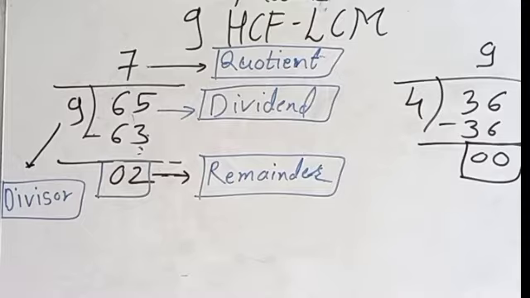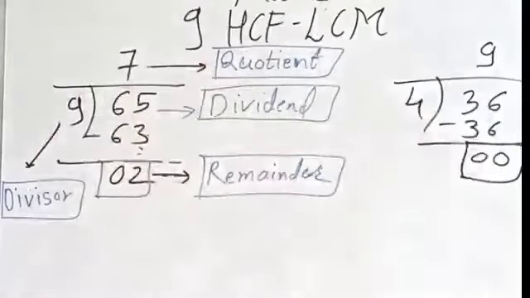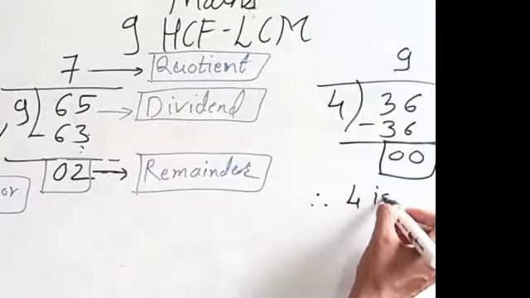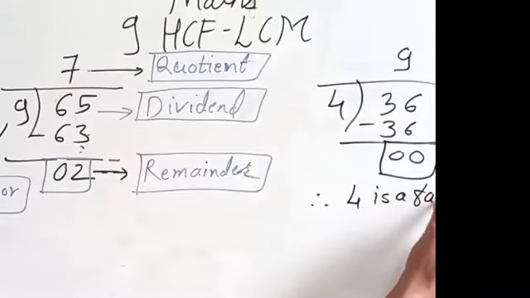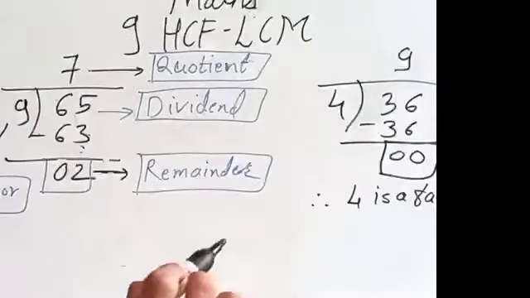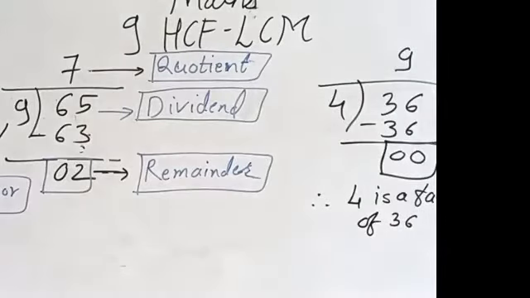In other words, when we divide 36 by 4, the remainder is 0. Therefore, 4 is a factor of 36.